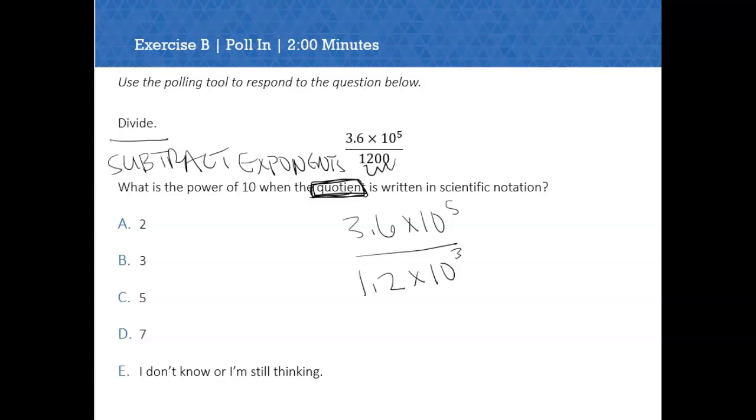So we can divide the 3.6 divided by 1.2, which is 3. We have one number from the decimal, so we're good, times 10 to the 5 minus 3, because we're dividing, so we subtract the exponents. So this is 3 times 10 to the second power.